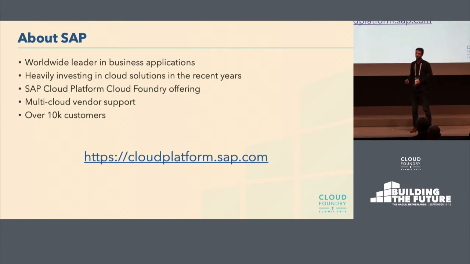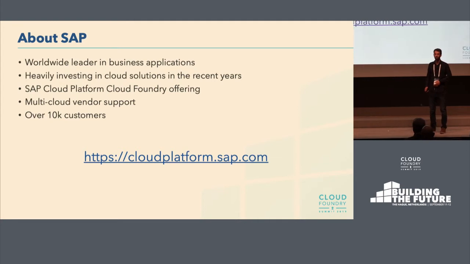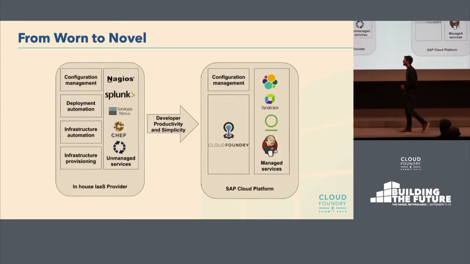And the cool thing here is we have multi-vendor support, so you can pick the underlying IaaS: you can be on AWS, you can be on Azure, SAP's own data centers. We leave that free for you to choose. And we have already over 10K customers on board. So if you're interested, just visit cloudplatform.sap.com.